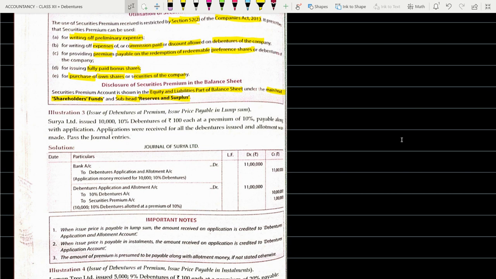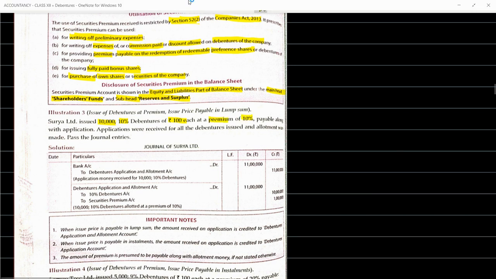Surya Limited has issued 10,000 10% debentures of rupees 100 each at a premium of 10 percent. Always remember, in some cases they may give you the premium in terms of rupees, and in a few cases on a percentage basis.